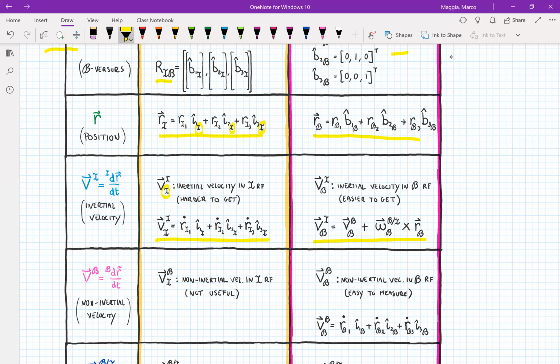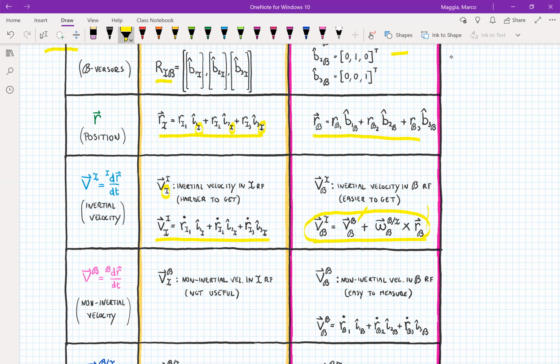is that VI is equal to VB plus the angular velocity cross product the position vector. And this expression is the most used. Why? Because usually we have available VB, the non-inertial velocity in the B coordinates, and also the position in B coordinates.